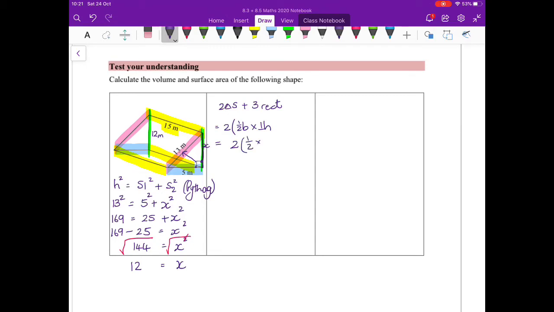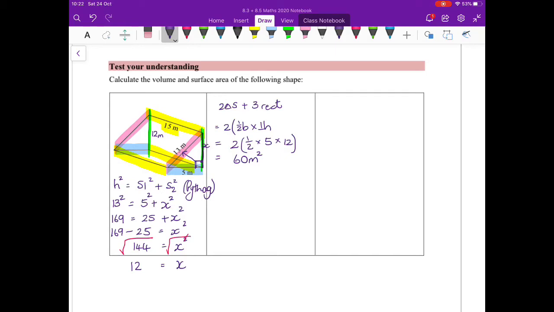So 2 times a half times my base, which is 5 meters, and I'm going to multiply it by 12, the x which we calculated. If I do that calculation, I will get 60 meters squared, because I'm finding the area of these.